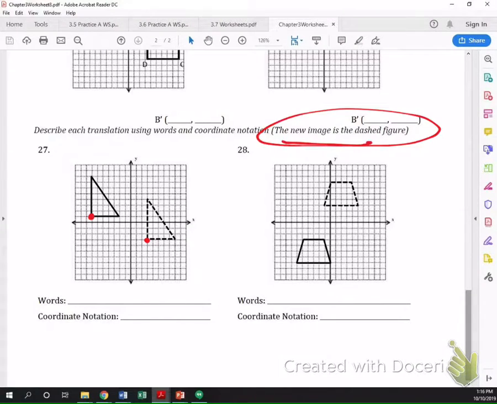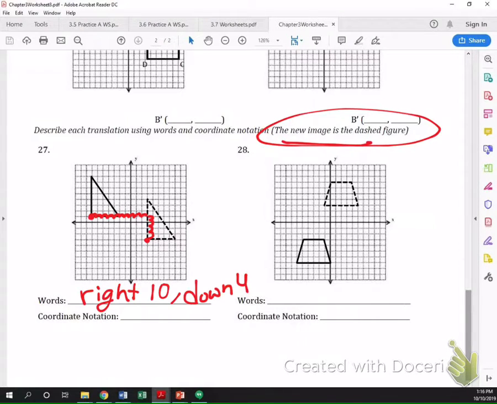The new image is the dash figure. So I'm going to go 1, 2, 3, 4, 5, 6, 7, 8, 9, 10. Yeah, I'm getting 10. So I'm going right 10. Then I'm going down 1, 2, 3, 4.